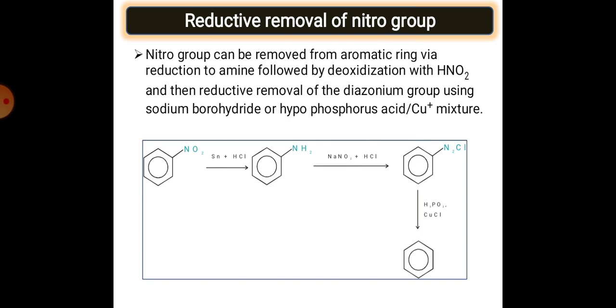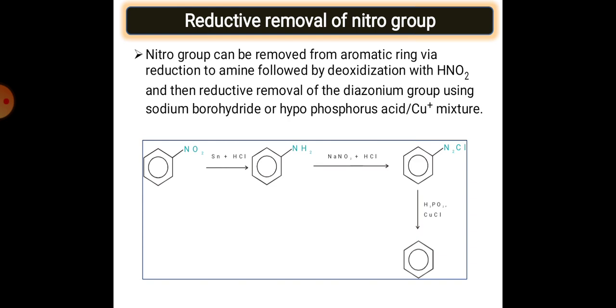NH2 will be converted into N2, the azo or diazo group. Di means 2 and azo means N2. After diazotization you get benzene diazonium salt, and by the application of H3PO2, an acid, in presence of copper chloride, it directly removes the diazonium group, giving benzene.